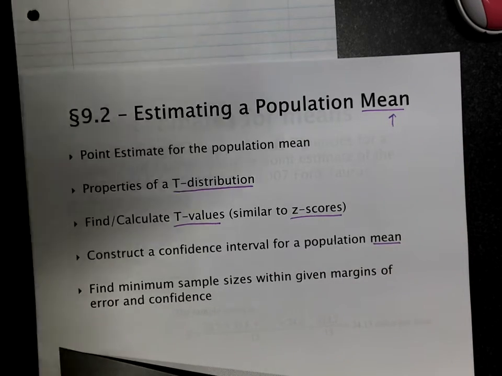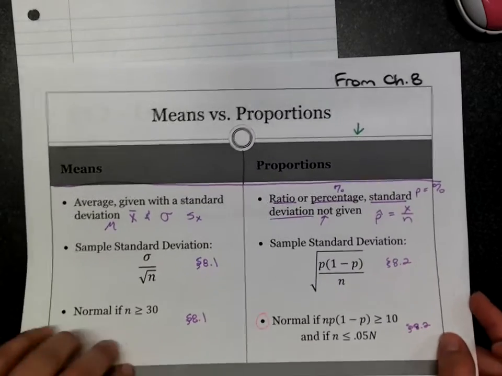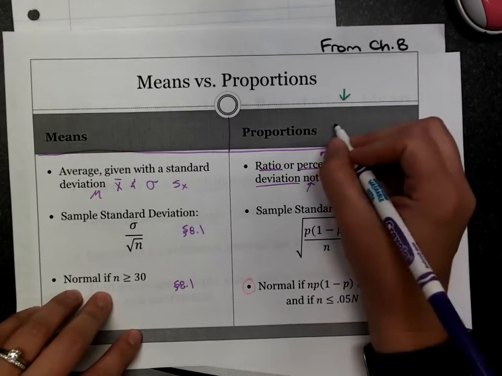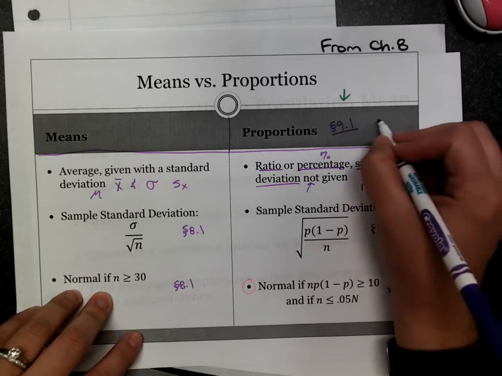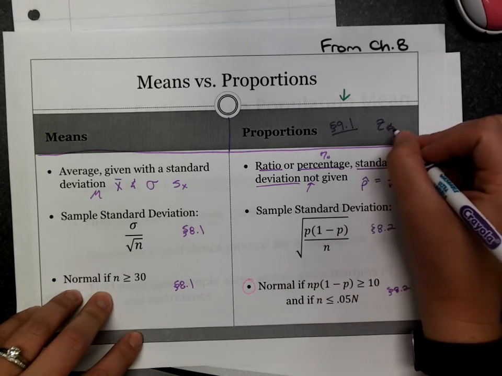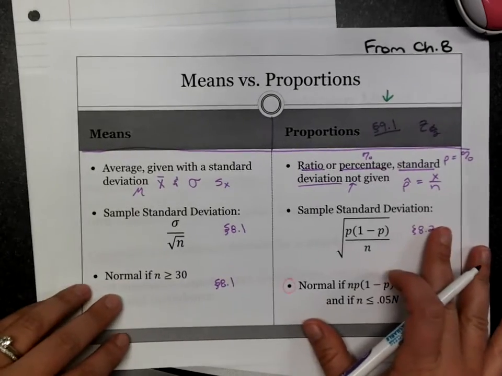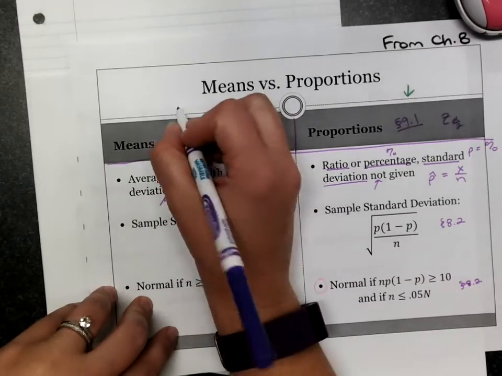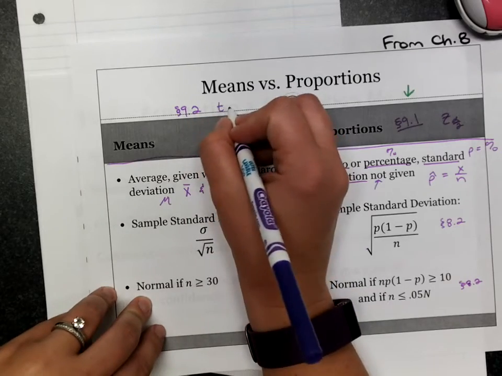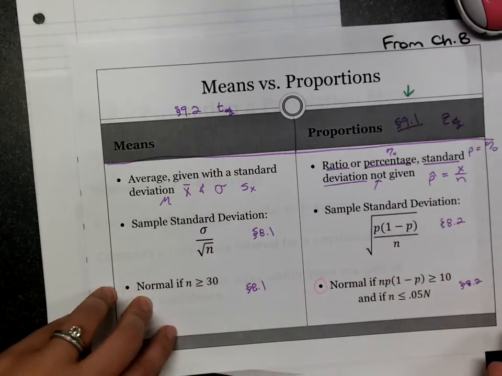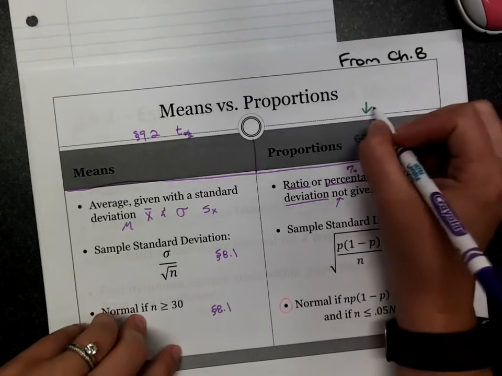Again, if you have that comparison chart from chapter 8, section 9.1 was all about proportions, and here we use z critical values. And then section 9.2 is about means, and we use what are called t critical values. So let me write that again.